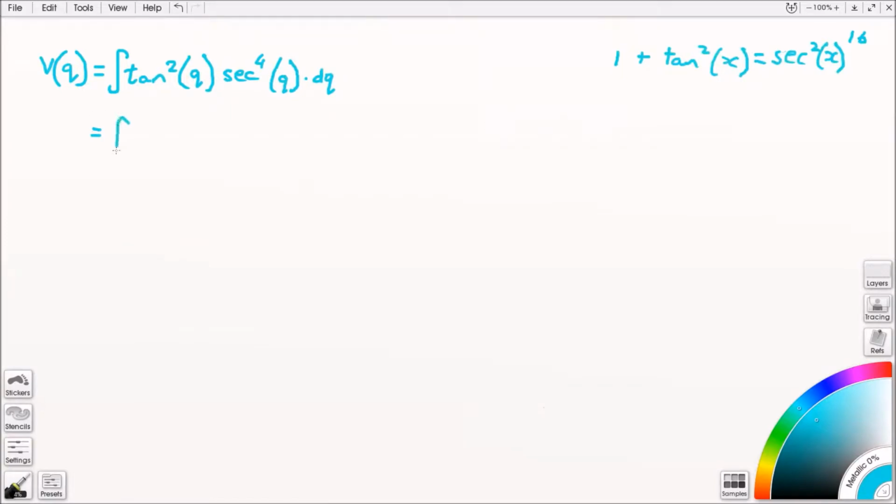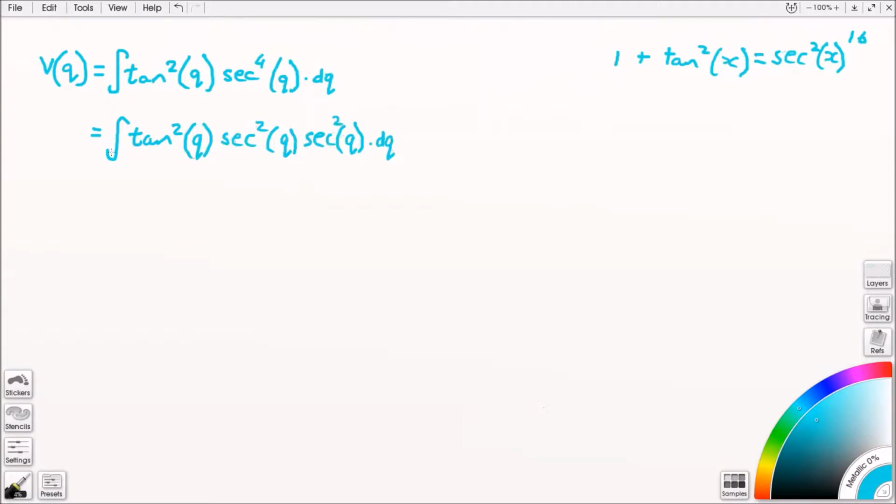So tan squared x, tan cubed x, secant to the fourth, it's just a power rule here, because this here can be split up like so.